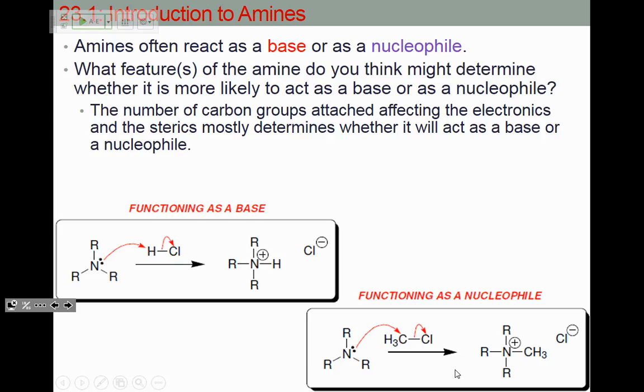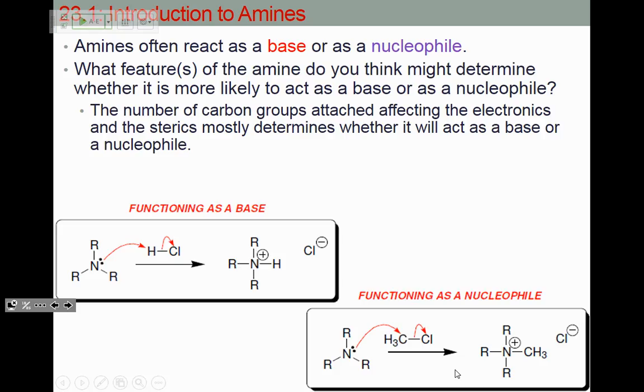One is the number of carbon groups attached, because the more R groups attached, the more sterics we have that are blocking that lone pair from being able to attack as a nucleophile. When it's acting as a nucleophile, it's attacking a carbon that already has things attached, so the more R groups we have, the less likely we are to get a nucleophile attack, because of sterics. Remember, when it acts as a base, hydrogen's really small.